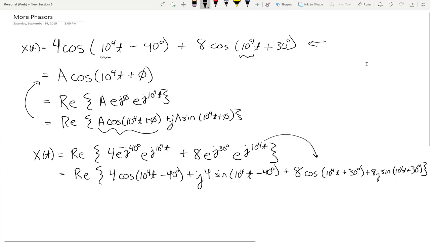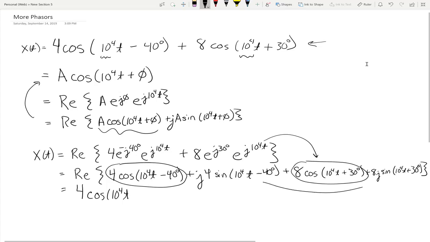All right, so I see that that expanded out like that. The real part of that becomes simply 4 cosine (10 to the fourth t minus 40 degrees). So basically I'm looking at the expression trying to find what parts are real. That part's real and that part's real. These two terms right here are both imaginary, so I ignore those.